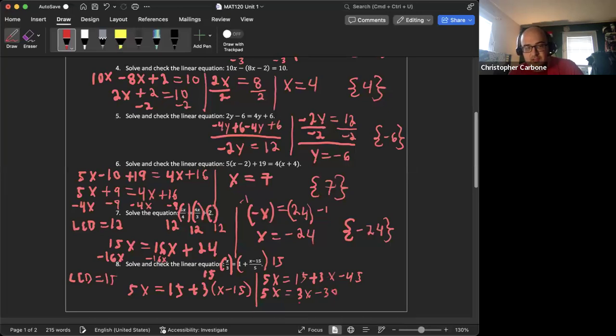We could subtract the 3x over, and I am going to run out of room here. That will just give us 2x is equal to negative 30.